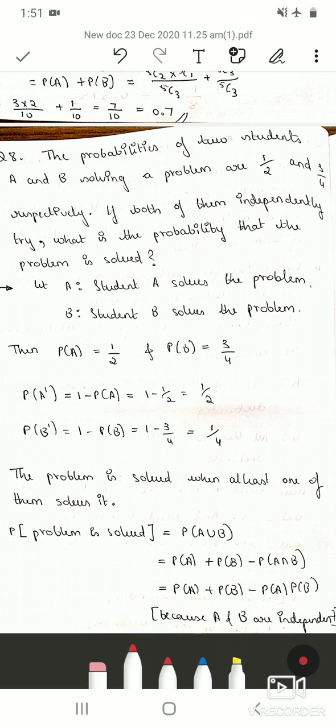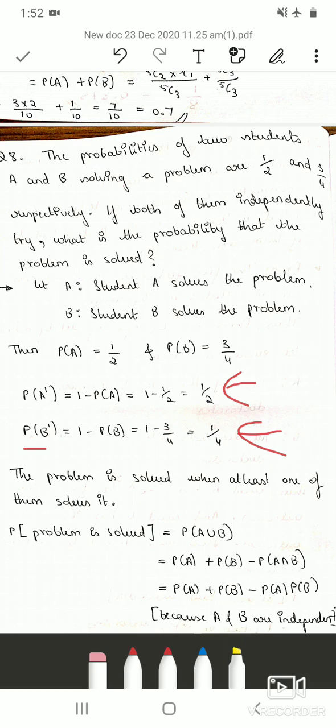The complement would be that student A does not solve the problem. So the probability of A complement is 1 minus 1 by 2, which is 1 by 2. Similarly, the probability of B complement is 1 minus 3 by 4, which is 1 by 4.